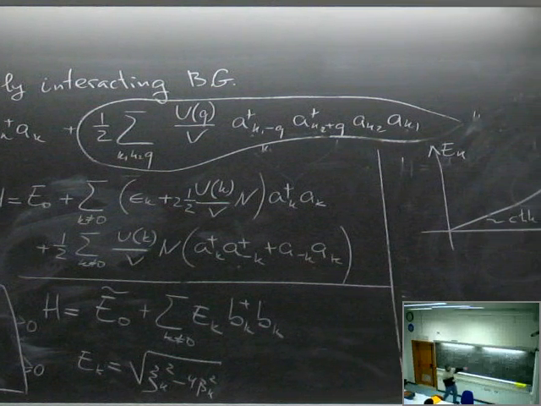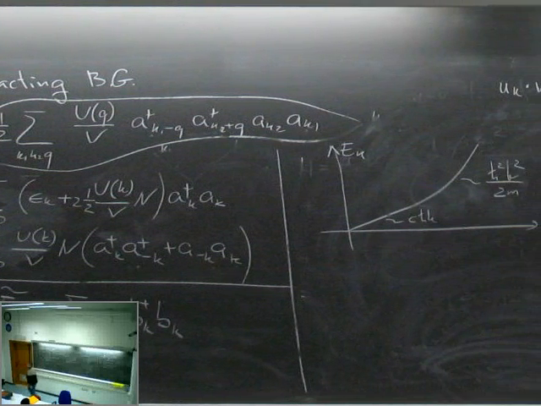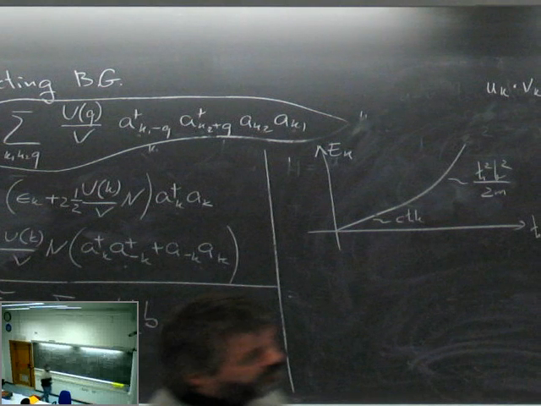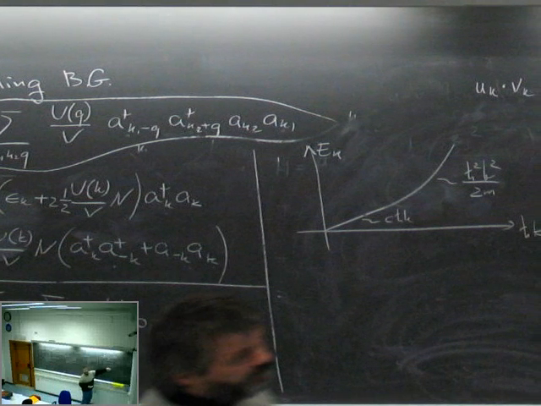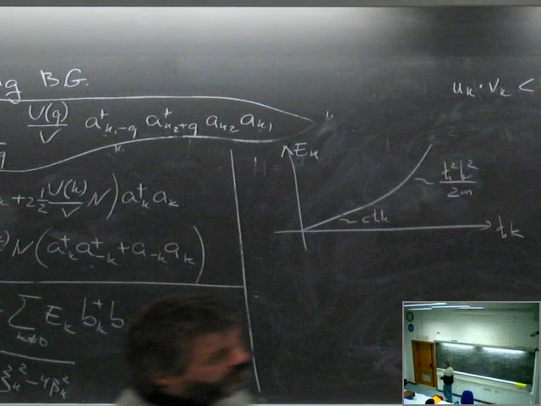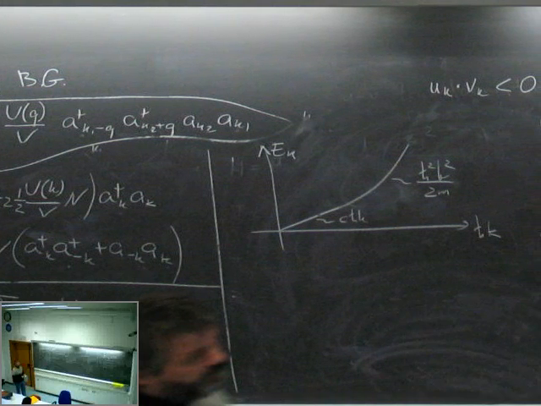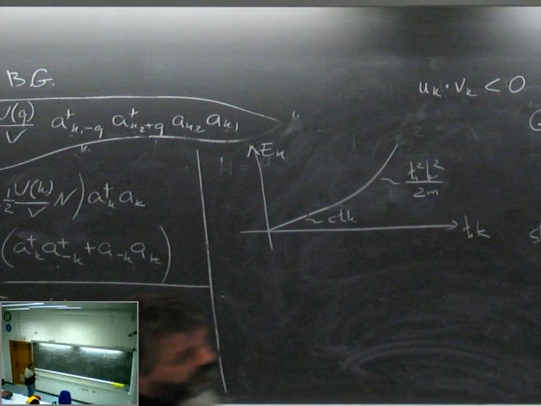However, at large momentum, of course, the system loses memory about interaction and behaves as a free particle, as it should. So large momenta means short distance behavior like for free particles.